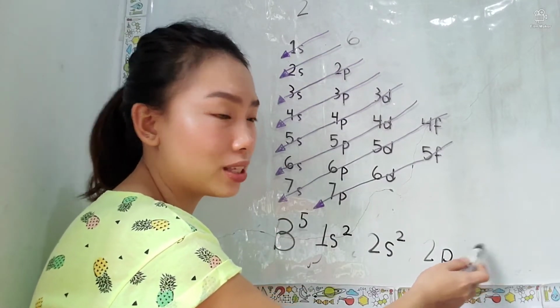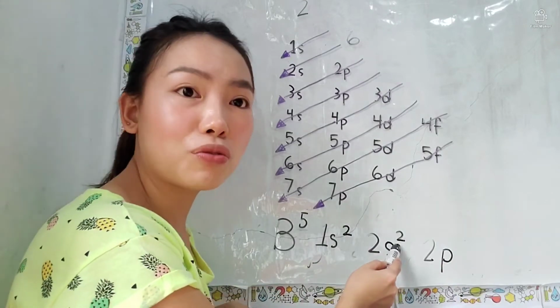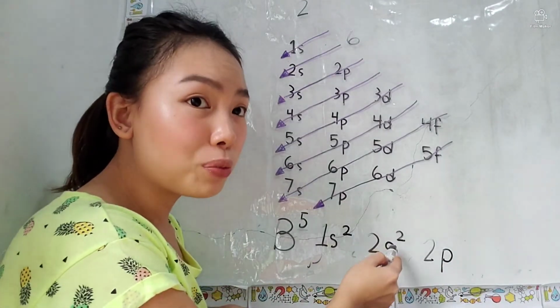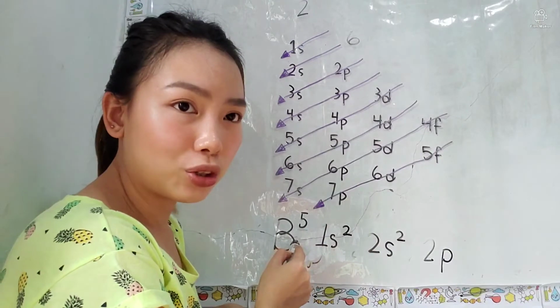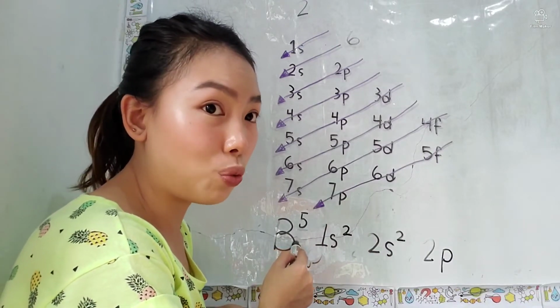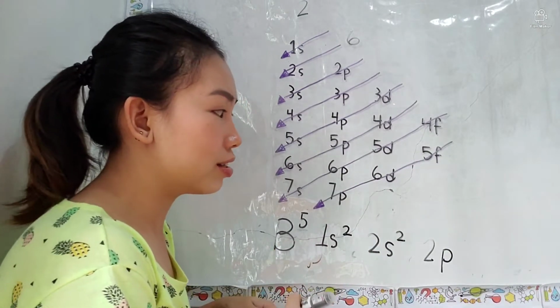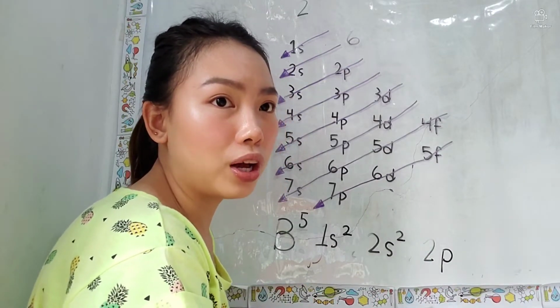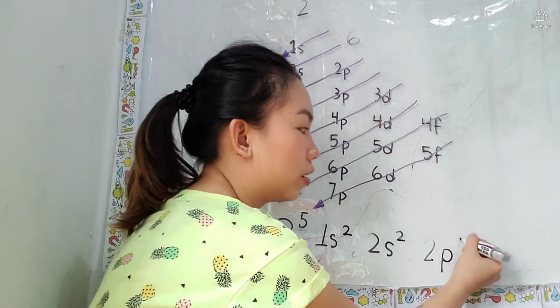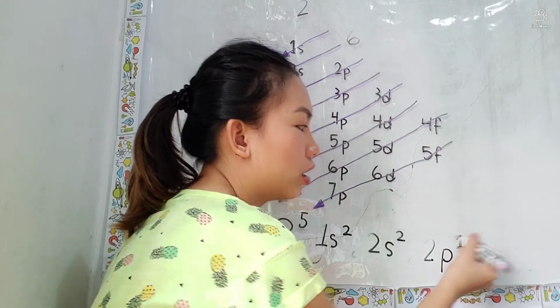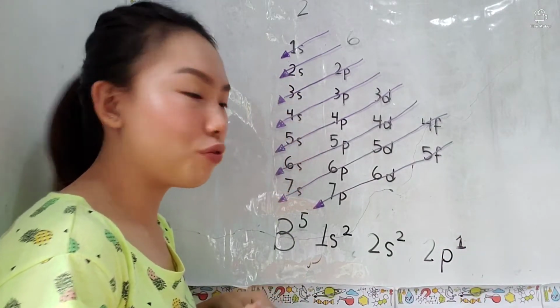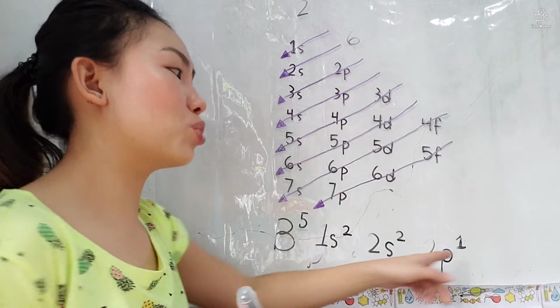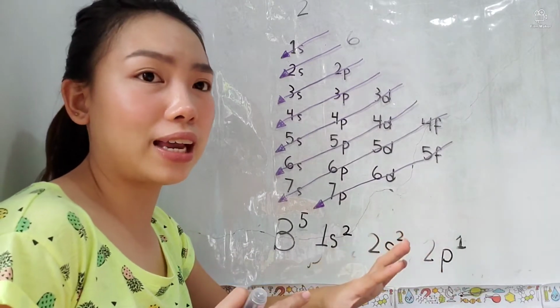Since 2 plus 2 is 4, ang kulang mo na lang to make up the electron configuration of boron is 1 to make 5. Then, instead of writing 6, just write the number that is needed to fill the electron configuration of boron. Hindi ko kailangan isulat yung 6 kasi hindi naman 6 ang kailangan ko.